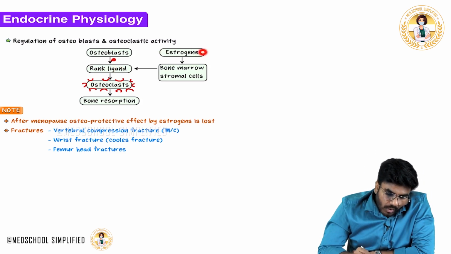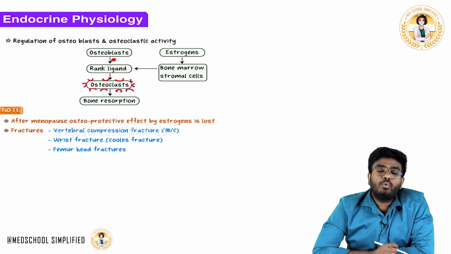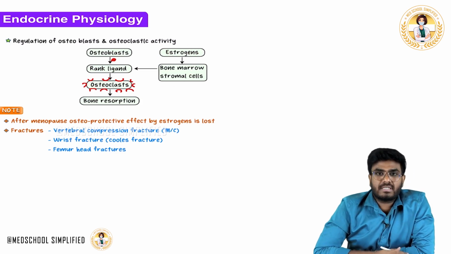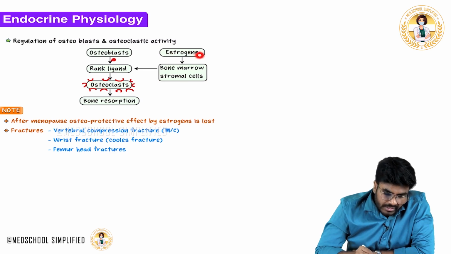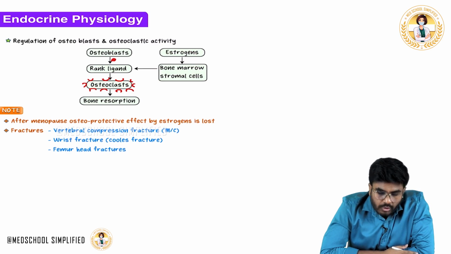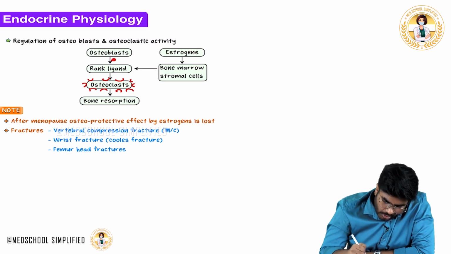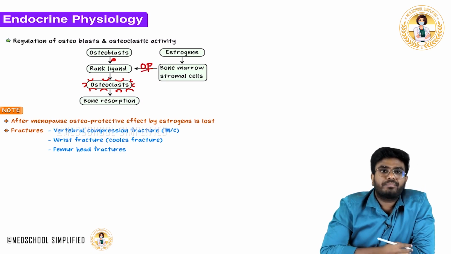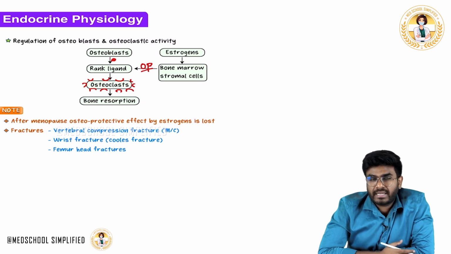Now what are the estrogens going to do? In a female who is not in menopause, estrogens act on the bone marrow stromal cells. These bone marrow stromal cells produce something called osteoprotegerin, which acts like a decoy.